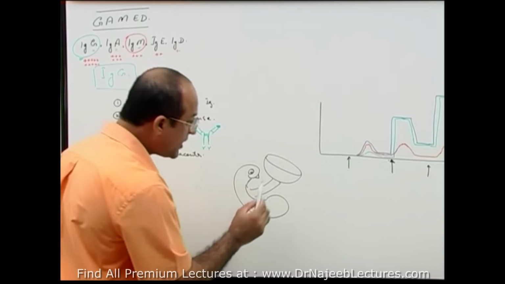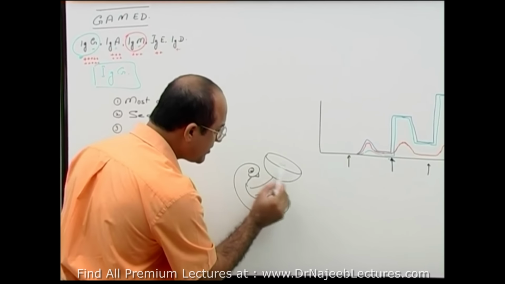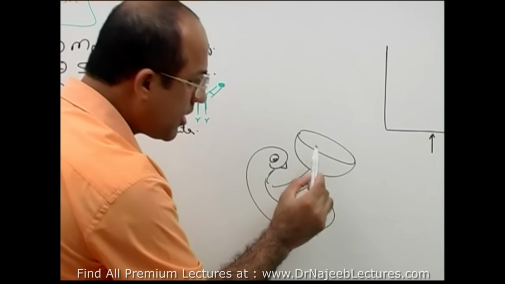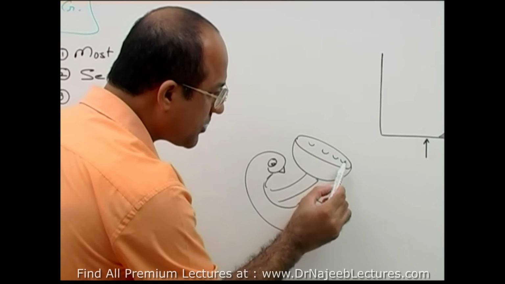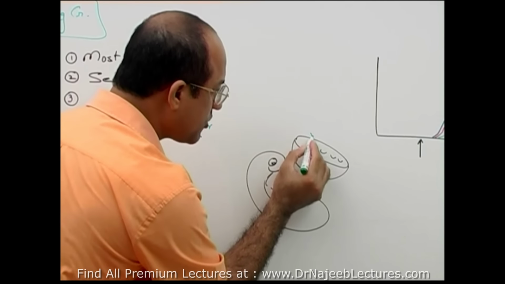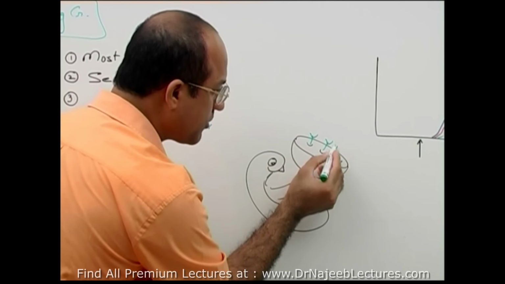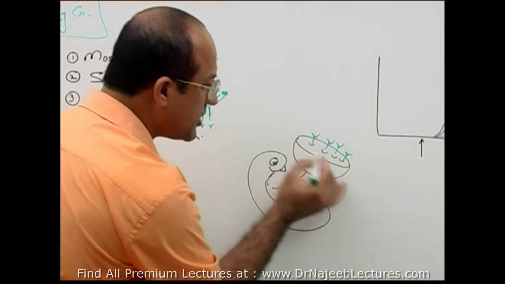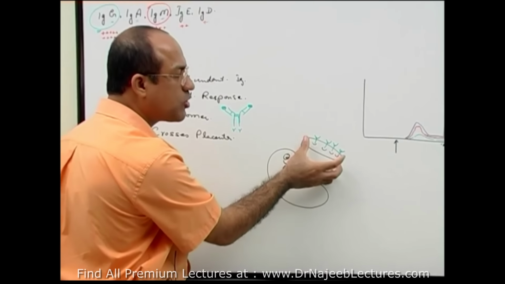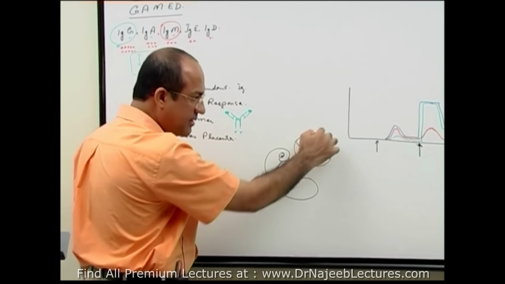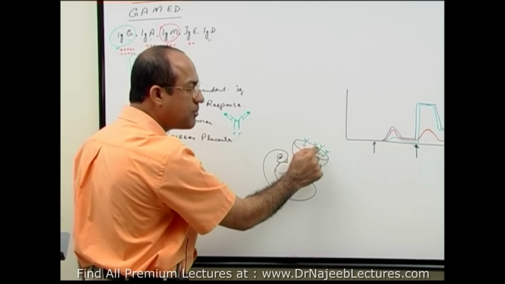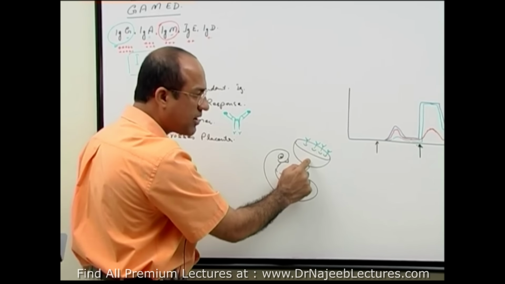The cells on the placental surface facing the maternal blood express the receptors for the Fc portion of IgG, and so IgG from the mother's blood binds with these receptors. Once these receptors are loaded with IgG, they undergo endocytosis, and through pinocytosis and endocytosis, IgG is transferred from the maternal blood side to the fetal blood side.